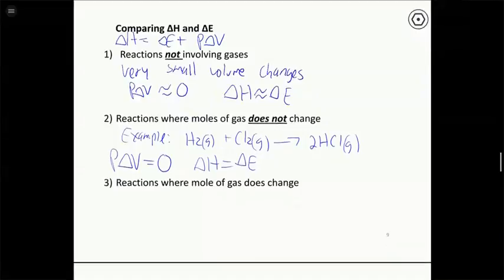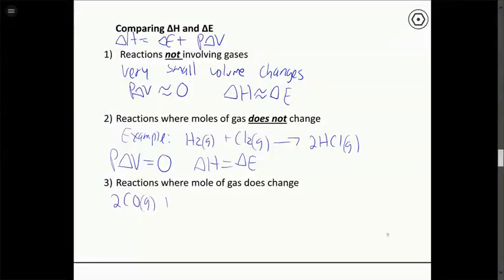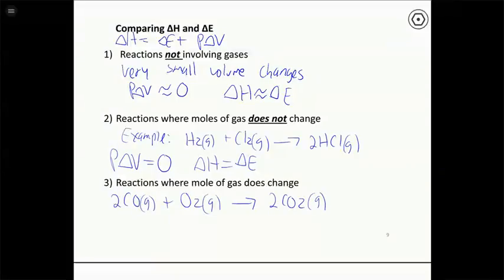And then finally, if we talk about a gas phase reaction where the number of moles of gas does change, so let's say we take carbon monoxide and react it with O2, so 2 gases reacting to make CO2, another gas. In this situation, we have 3 moles of gas on the reactant side, 2 COs and 1 O2.